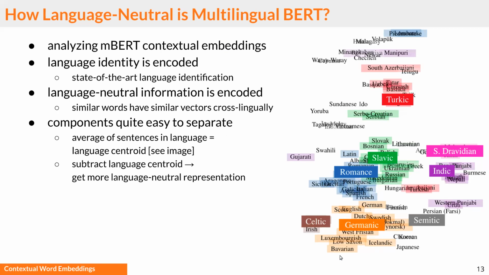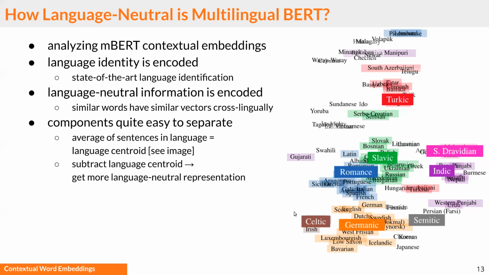For example, here we have some Germanic languages, and we can see that the similarities of their embeddings make some sense. If you average all the words in German and all the words in Dutch, then the averages will be very similar and quite different to maybe all words in Slovak.